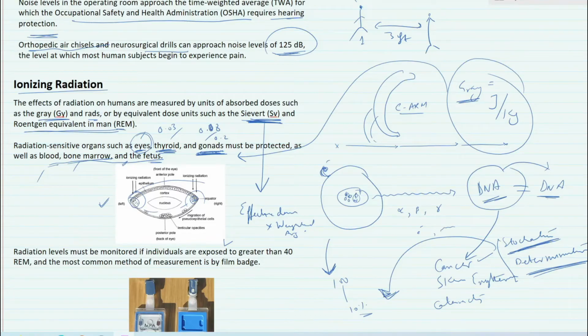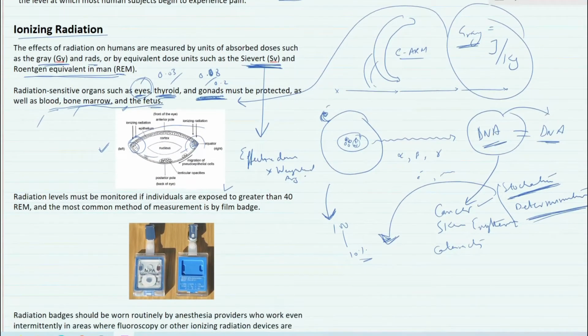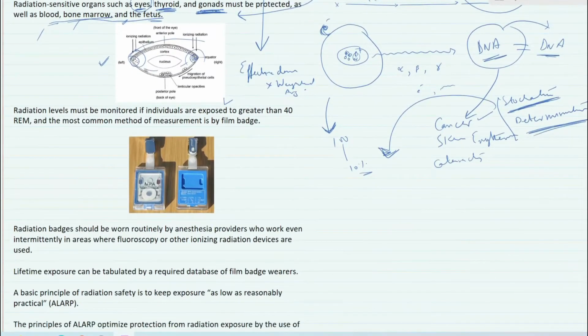For people who are working in setups where there is radiation, they are required to wear film badges, which have photographic films, and this shows how much radiation they have received over a period of time. The radiation badges should be worn routinely by anesthesia providers as well, especially those who work intermittently in areas where fluoroscopy or other ionizing radiation devices are used.